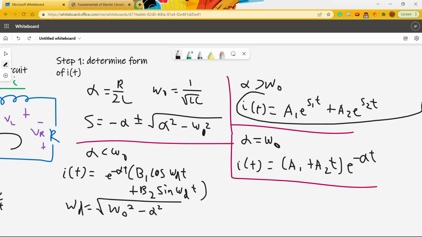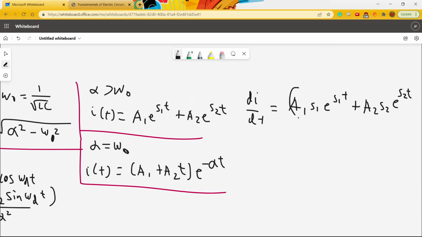Then we can take the derivative of this entire equation, which would give us A1 s1 e to the s1t plus A2 s2 e to the s2t. Plug in t equals 0, and you lose both these terms as 1, and plug in di dt at 0, and you're left with a number equals A1 s1 plus A2 s2. Basically, you are plugging in the two initial conditions in order to solve for the two constants.